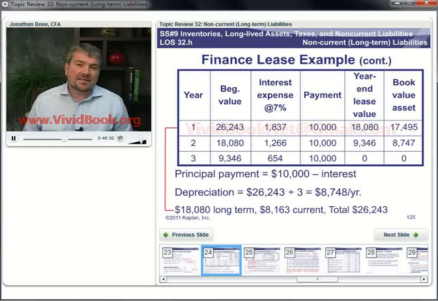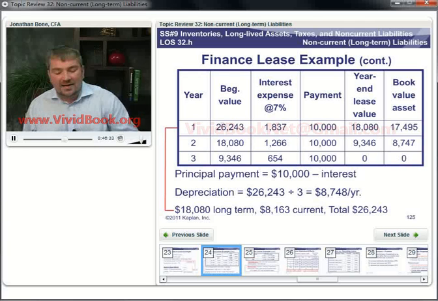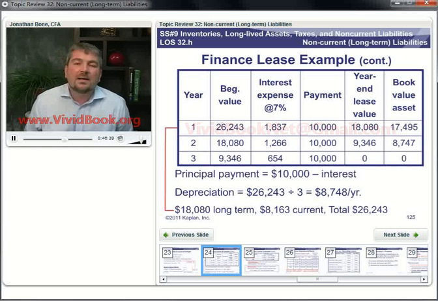Also, one other thing to point out, we'll never actually see a liability sitting all in one place for 26,243. Why? Because that liability has to be split between current liabilities and long-term liabilities. So of that 26,243, the principal payment in year 1, 8,163, will be sitting in current liabilities.